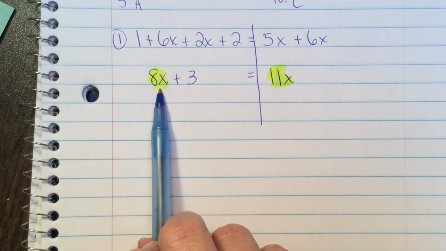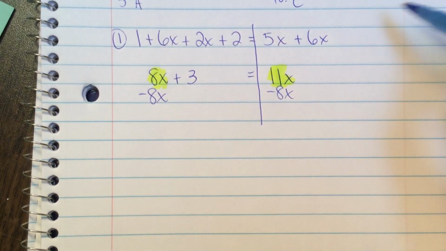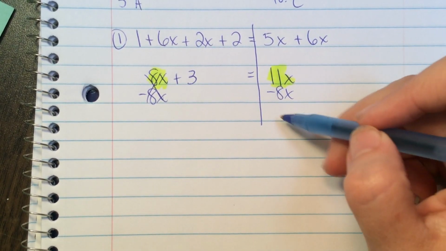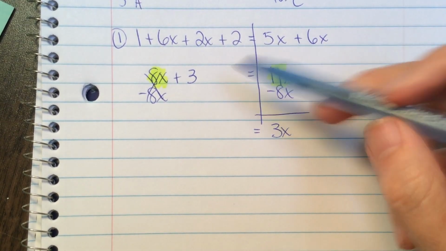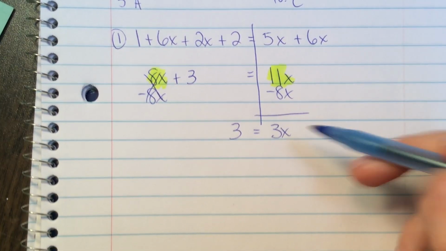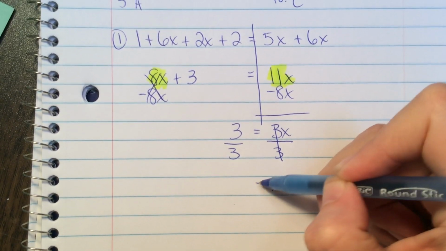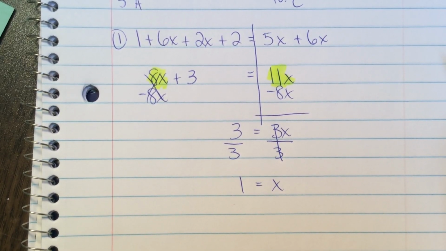Of course it's 8x. So I'm going to subtract 8x from both sides. These go away. And I'm going to get 3x over here. And then I get to keep the 3 here. I'm going to divide by 3 on both sides. And I get that x is 1. Which of course is letter B.